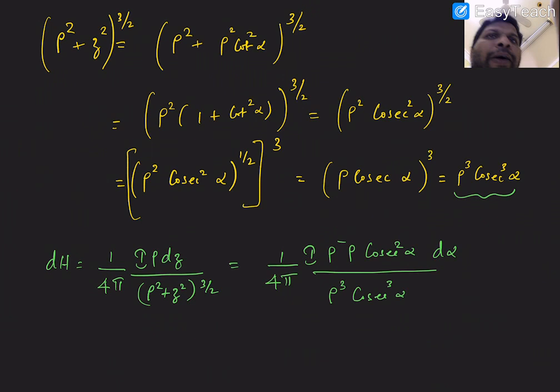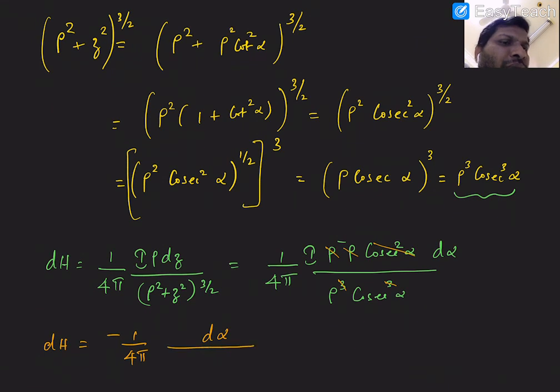Now the terms will cancel each other. You see here, rho into rho square and rho cube will cancel, and cosec square and cosec cube will cancel. So what is dH? dH is equal to 1 over 4 pi, then the minus sign will be there, into d alpha divided by rho into cosec alpha, d alpha.